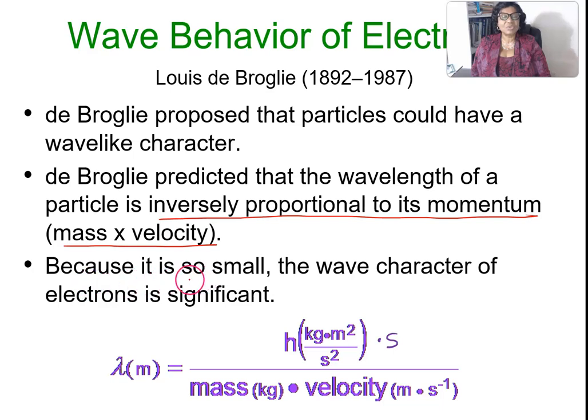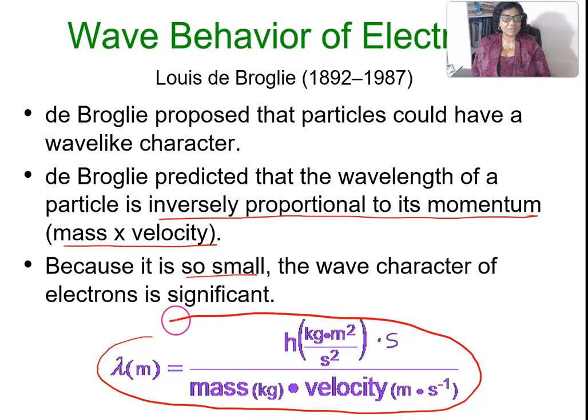Because the electron is so small, its wave character is significant. So the equation relating wavelength to momentum was given like this: wavelength equals Planck's constant divided by mass times velocity.